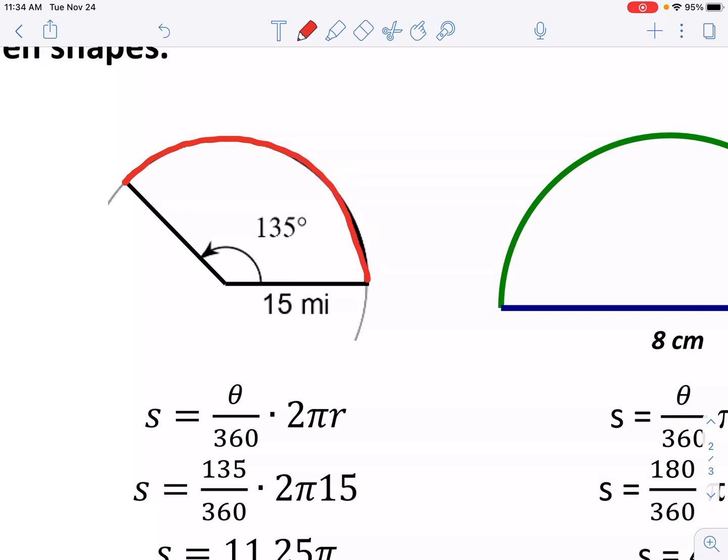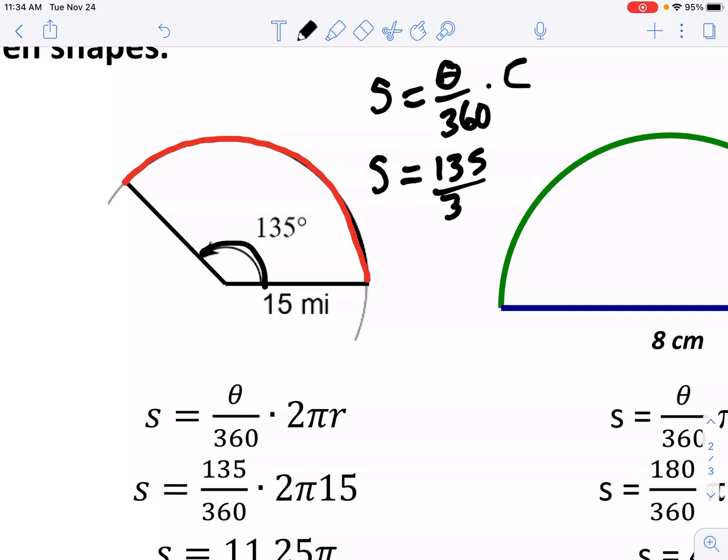So to find this arc length, it'd be S equals our central angle divided by 360 times the circumference. Well, in our case, it'd be 135 is our central angle over 360 times the circumference. Well, the circumference here, they give us a radius, so we're going to use 2 pi r, and the r here is 15.